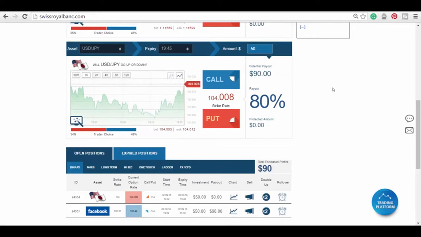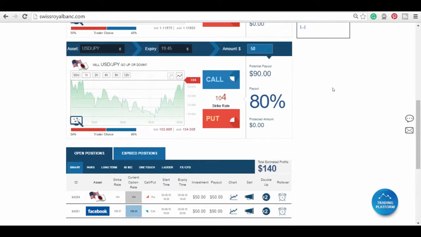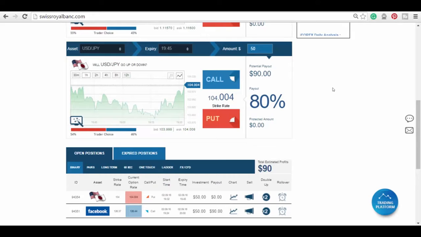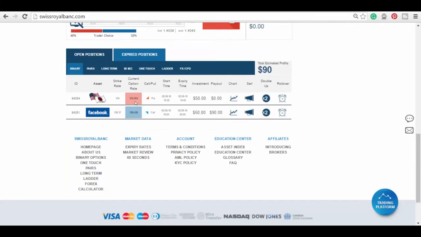It's still trending up. Hopefully we got in at the right time. Time will tell. Let's see. Okay, Facebook is in the money. USD JPY is right now out of the money, but we do have some time.